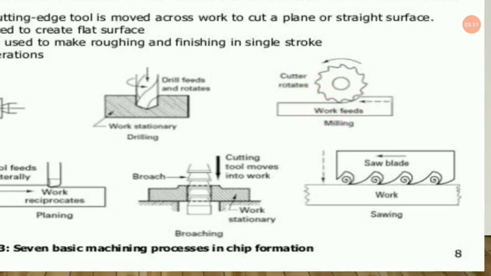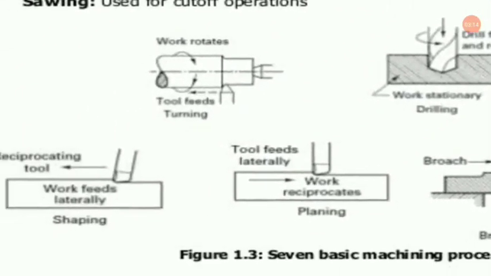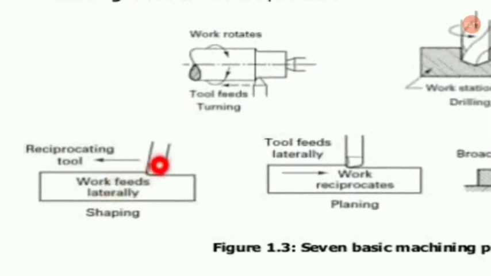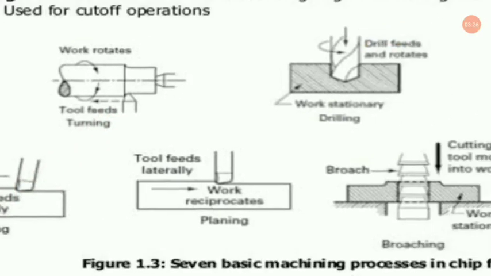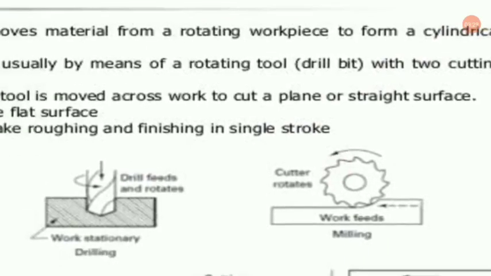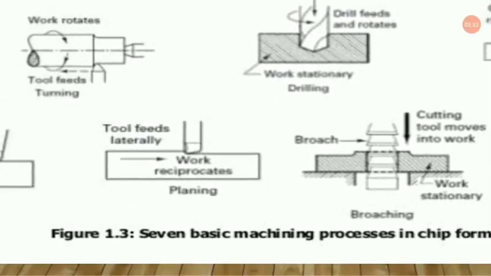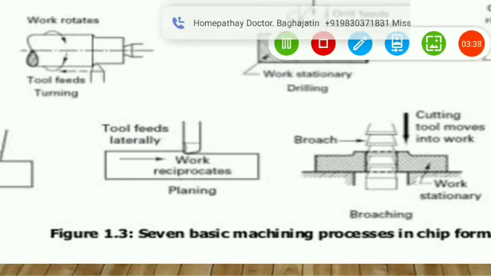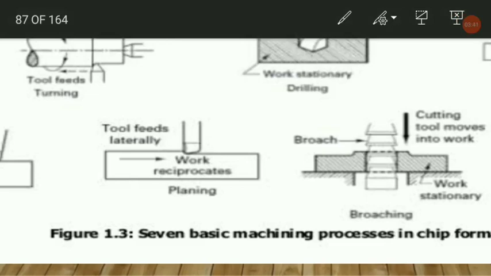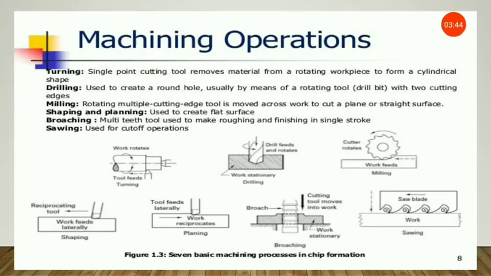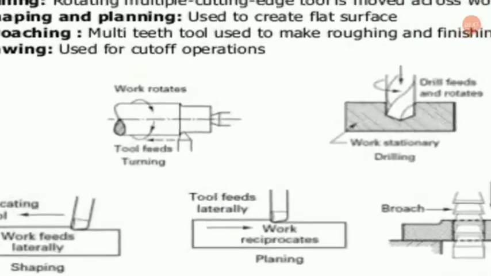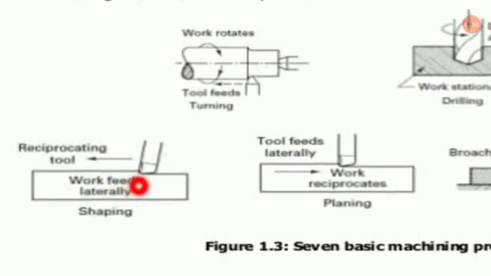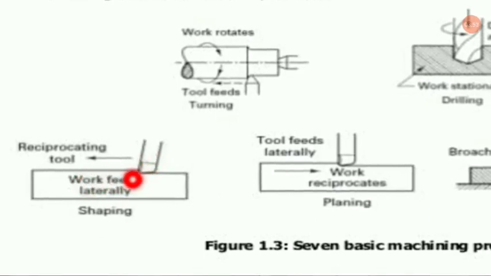Okay, next is your shaping machine. This is similar to the single point cutting tool as in the turning operation in a lathe, but in milling we are getting a multi-edge tool. So that was the shaping machine, where we are using this single point tool to have a plane surface.